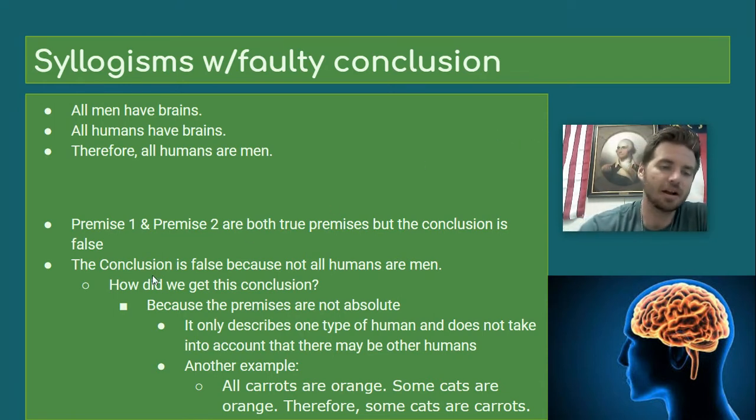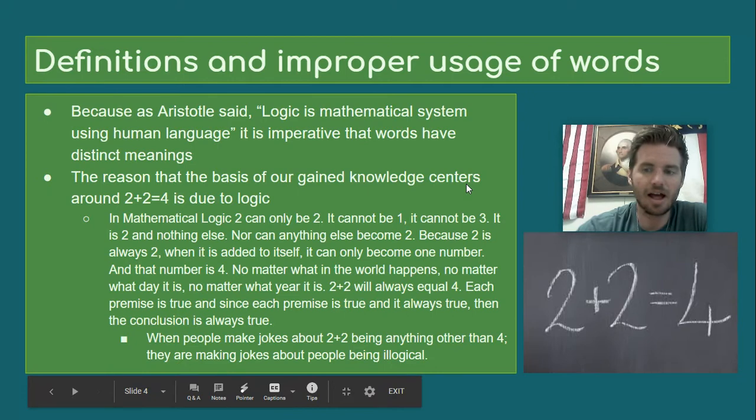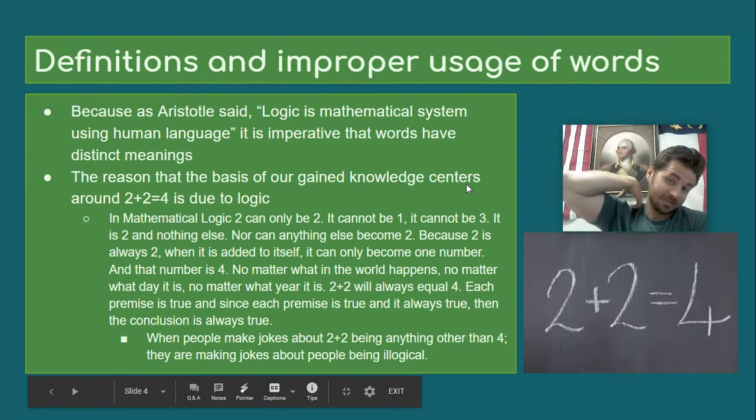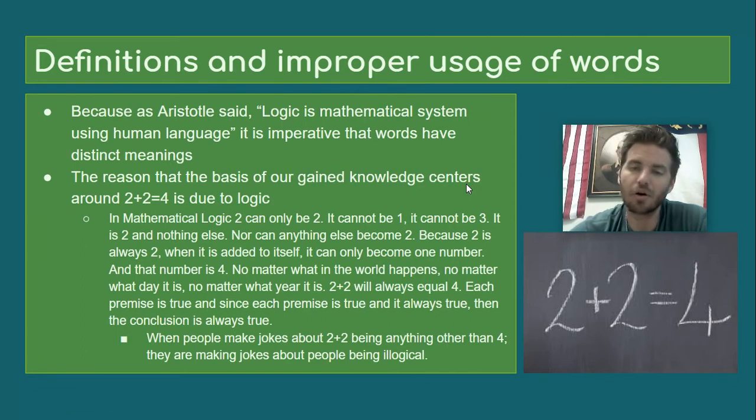Okay. All right. Let's look at our last common problem with Aristotelian logic, and that is definitions and improper usage of words. You may have heard during your lifetime that words mean something, that it's important to have a large vocabulary, that you need to read more. I'm just going to let you in on a little secret.